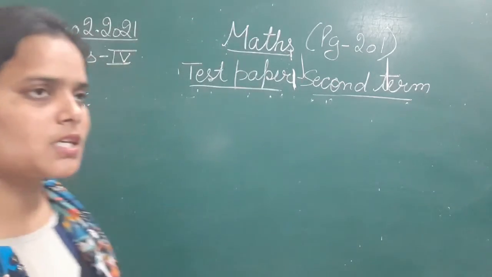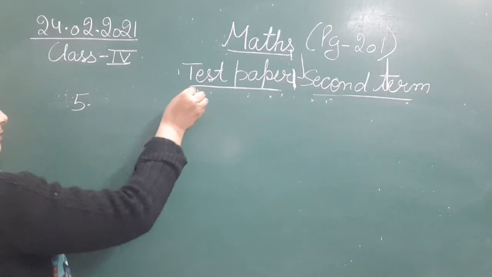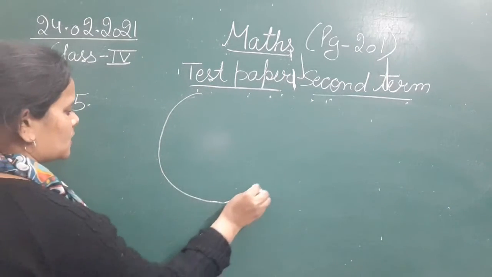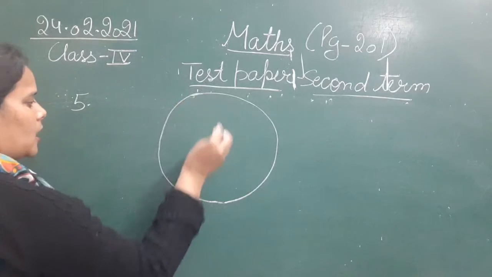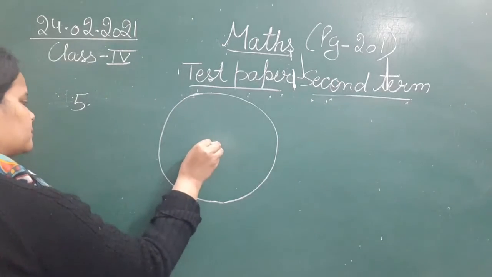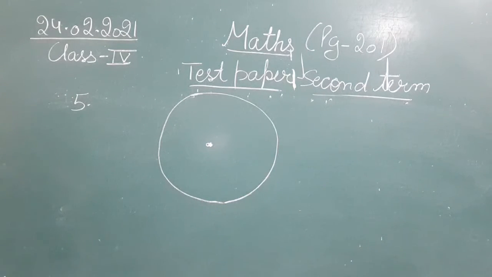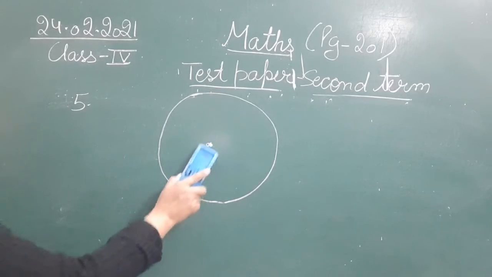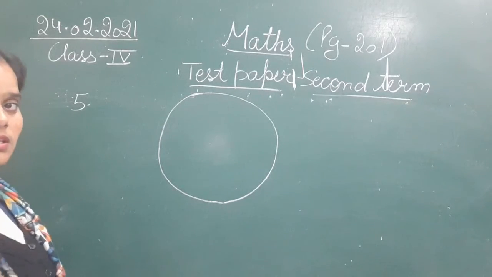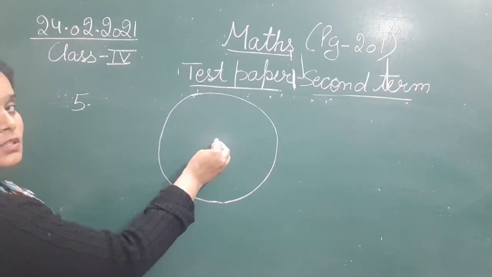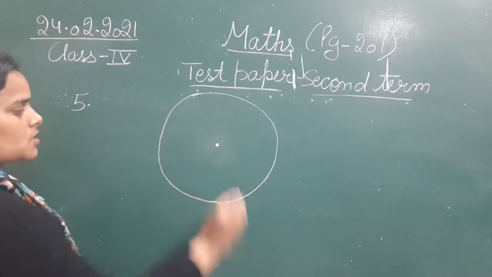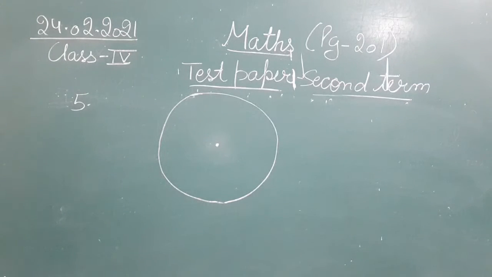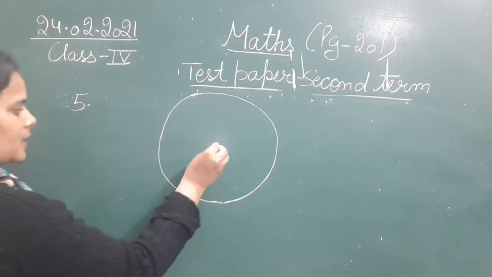Okay, so first thing is that what is diameter? So this is a circle, I am just making it freehand, and this is its center. Okay, ये इसका center है circle का. Suppose this is a circle and this is its midpoint, the center.